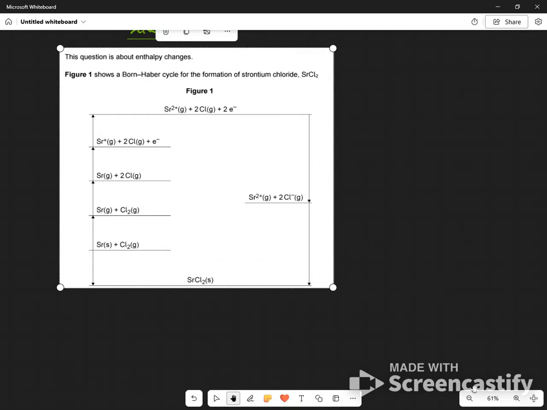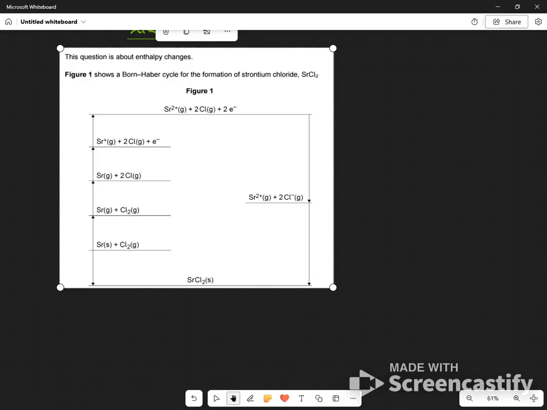So let me look at their one and see if I can tell you about the energy changes here.